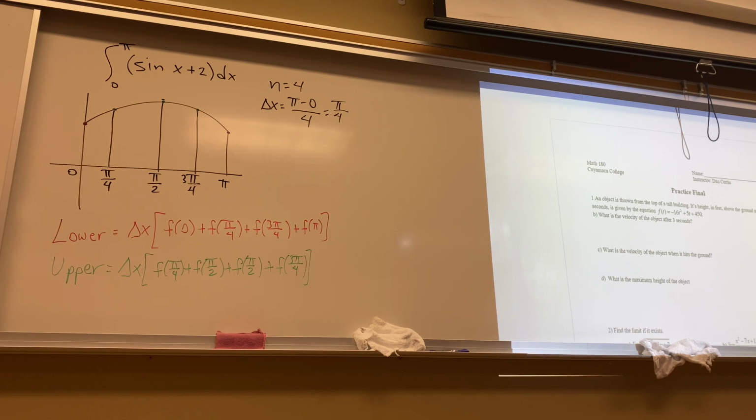Derivatives are all 3.1 through 3.6, and I'm not going to do any implicit differentiation. It'll just be here's a function, take the derivative of it. And then integrals, this is all chapter 5. So 4.9 and 5.3 through 5.5.